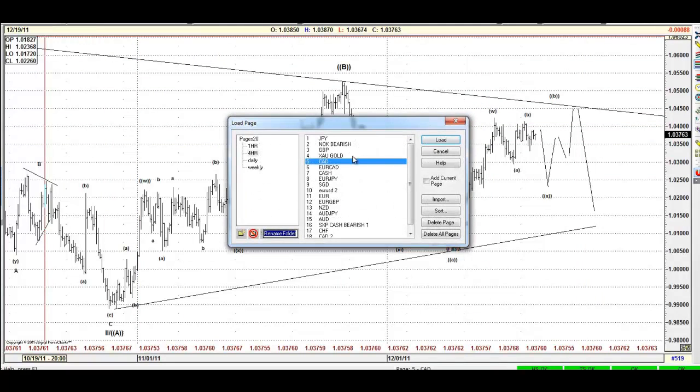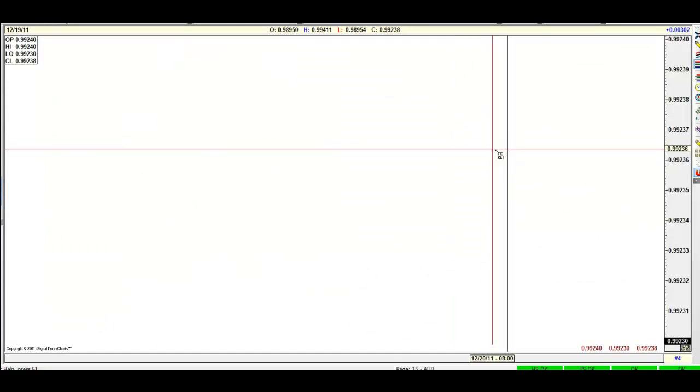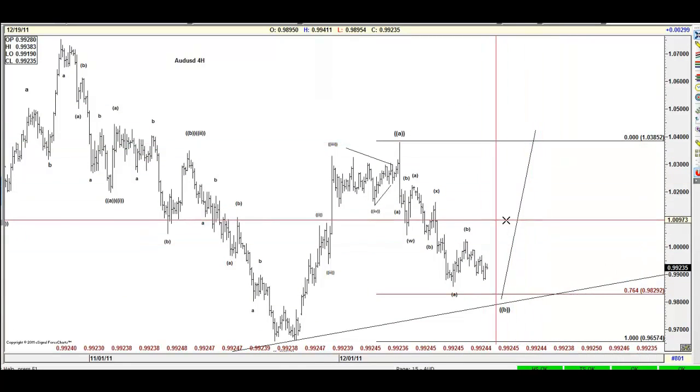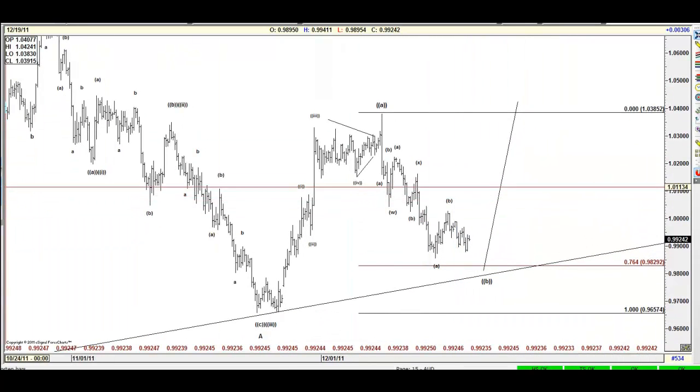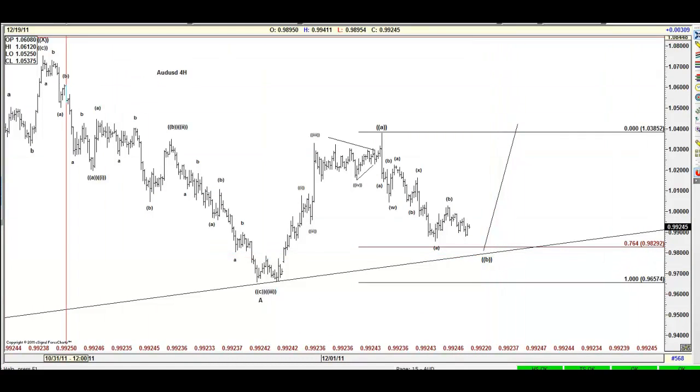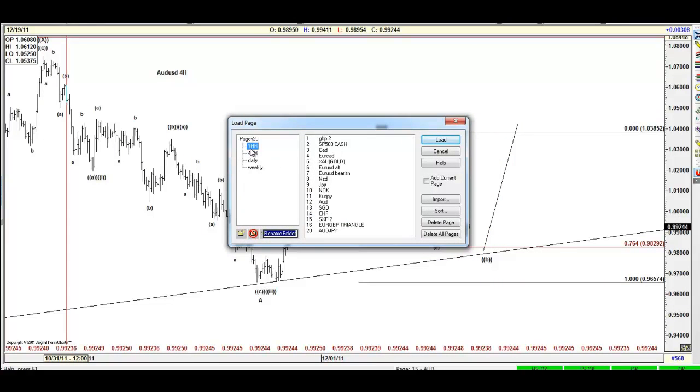Now, let's see Aussie. What we are expecting in Aussie is a final target around the 98.30, 98 area. In the short time frame, we look like this in Aussie.